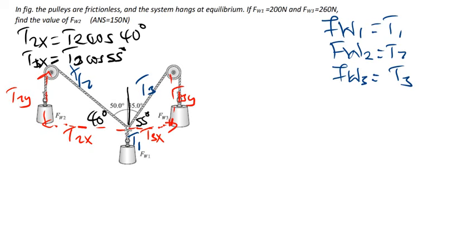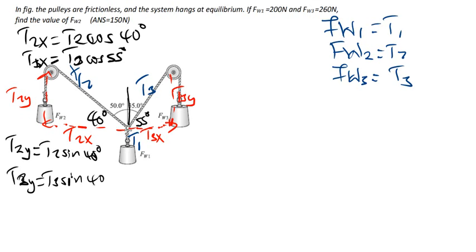If I go in the y direction, my T2y will be equal to T2 sine 40 degrees. Then my T3y will be equal to T3 sine 55, sorry.